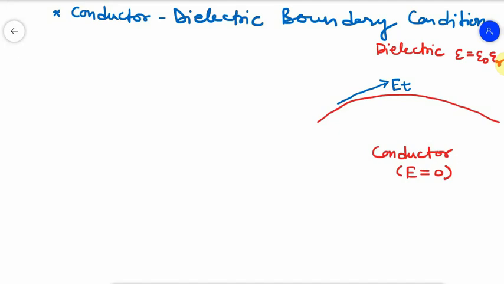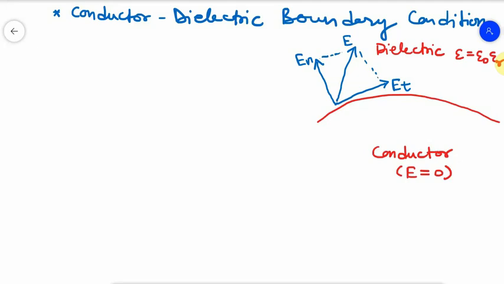We assume the orthogonal resolution of the electric field in the dielectric medium only. That's why it is Et, and the perpendicular component is En, and the resultant of the two is E, the electric field in the dielectric region.